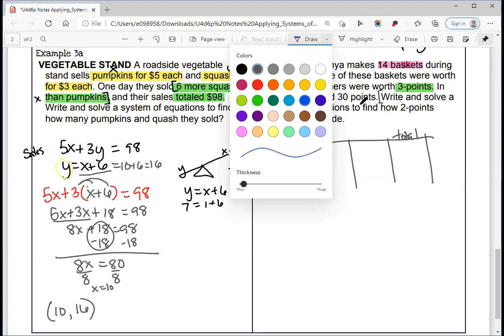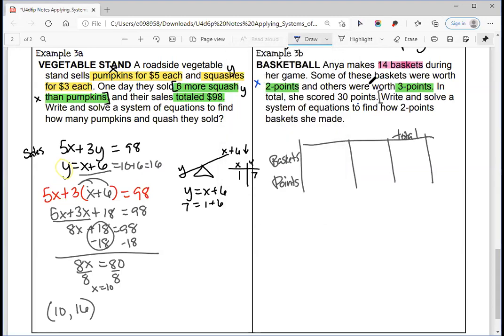So this one we'll call X, and we'll call this one Y. So you got X and you got Y. This is a 2-point basket, and then you got a 3-point one, right? So now, what other information have we not dealt with? 14 is a total, right?